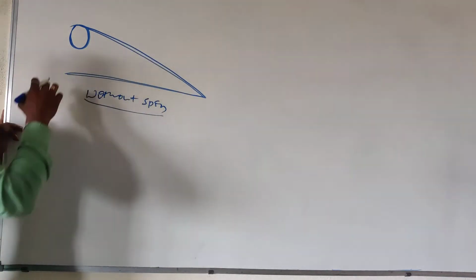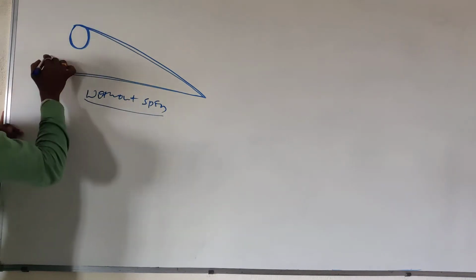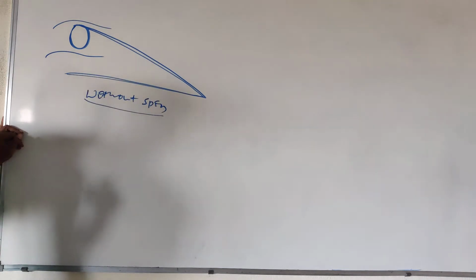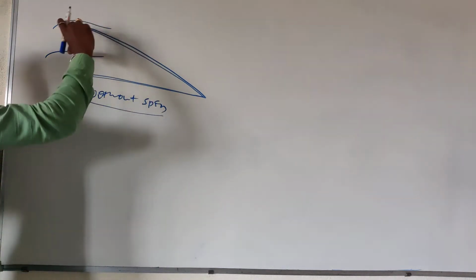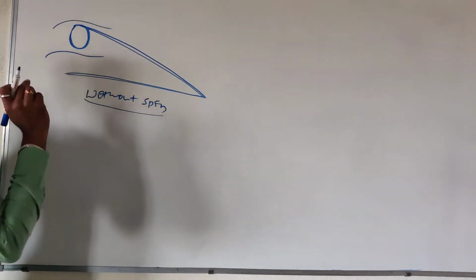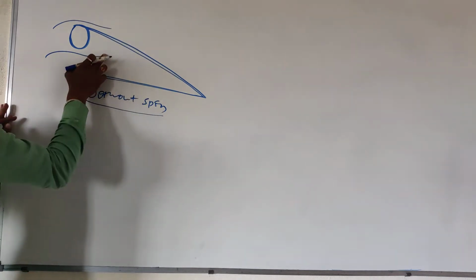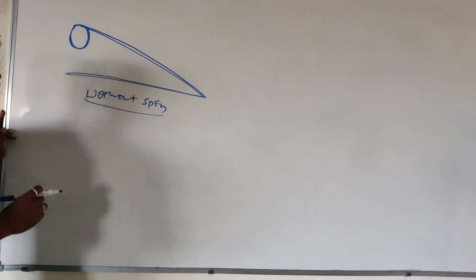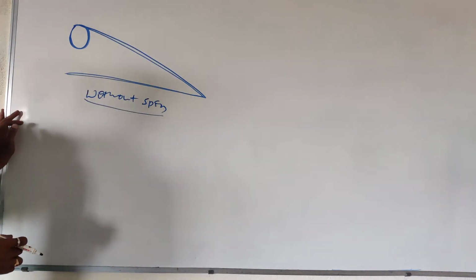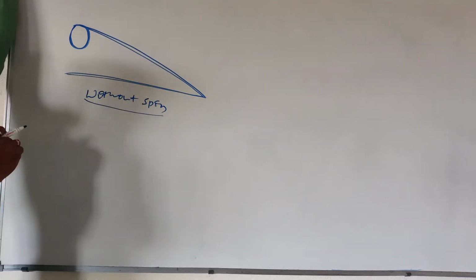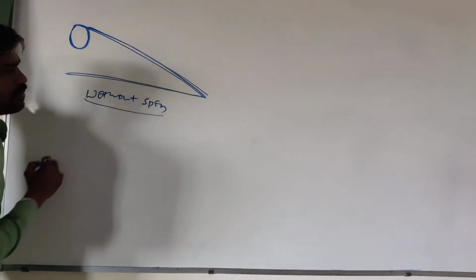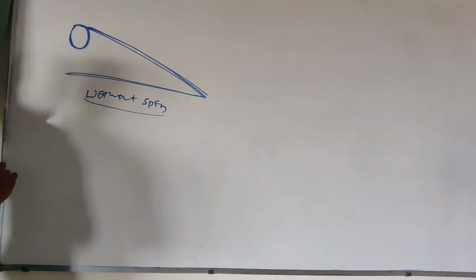What happens here? There is no pressure difference between up and low, right? So this is normal, without spin or no spin. There is no pressure difference. The ball will go straight, right?